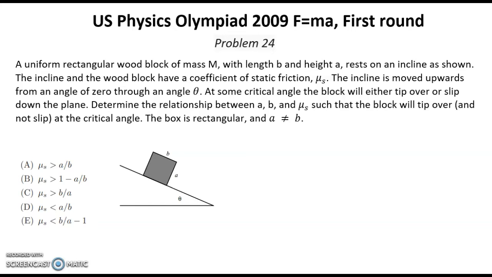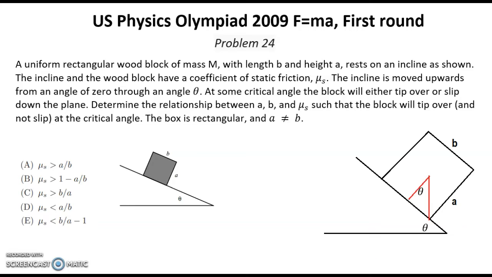Solution. Let's draw the picture for a critical position when the angle is critical and the block has not yet tipped over but is almost ready. So that's the picture. I can remind you that the critical angle is the angle for which this block starts to slip, when tangent theta equals mu static.